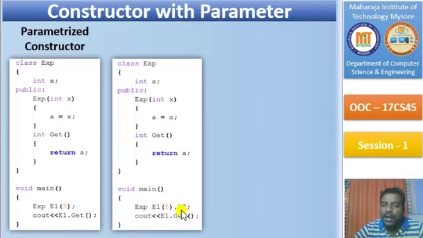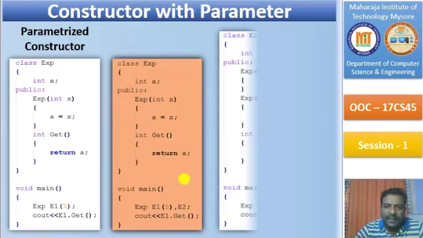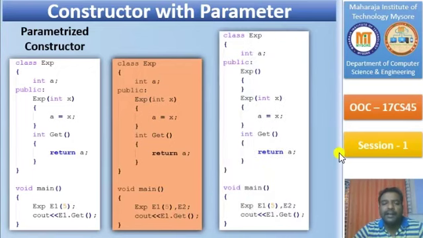Either you need to pass a parameter for E2, or if you intentionally don't want to pass any parameter for E2, then you should do some modification here, and that is what I'm doing. And this is an error, this is wrong syntax. Hence I have debugged this and corrected it, and look at this.